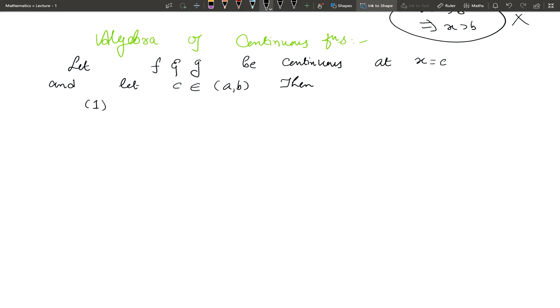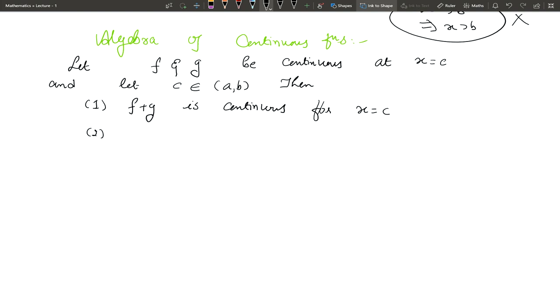First result, without proof, we can prove this one. Proof is easy. f plus g is continuous for x equal to c. If f and g are continuous at x equal to c, then f plus g is also continuous for x equal to c.